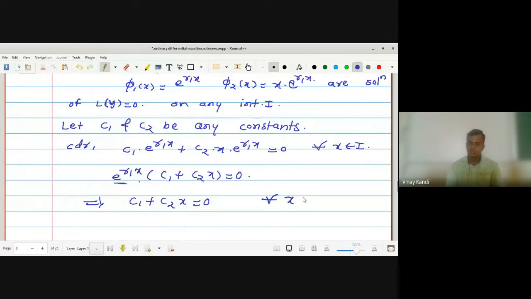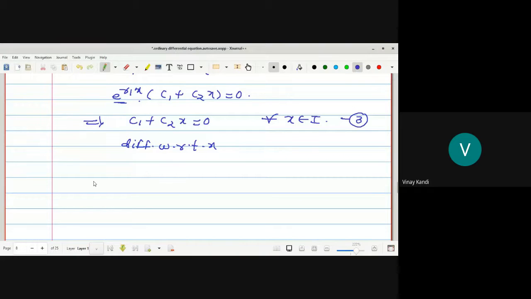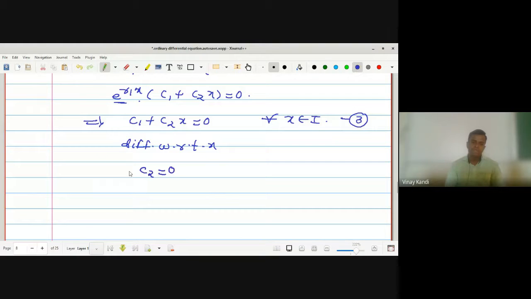Give it as equation number 3. Now differentiate this with respect to x. C2 is equal to 0. Now from 3, it implies C1 is also equal to 0.